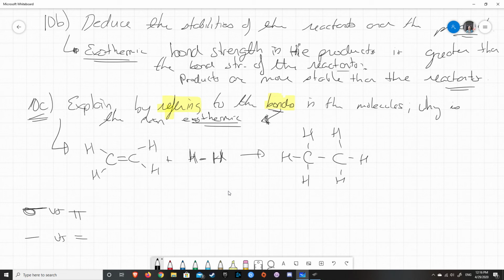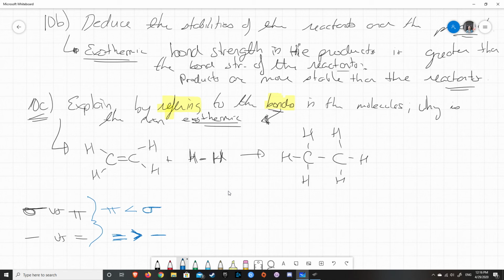We need to take into account both of these here. So I'm going to change my color. If you remember, a double bond is stronger than a single bond. However, a pi bond is weaker than a sigma bond.